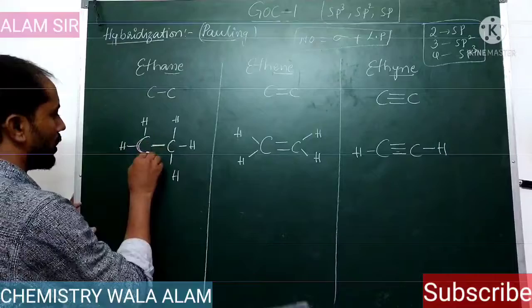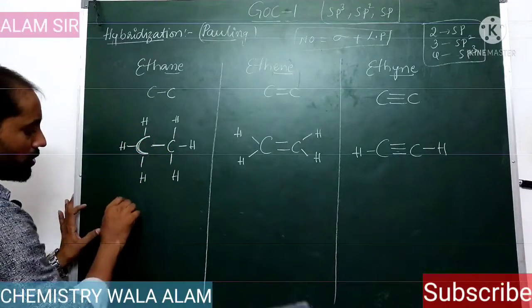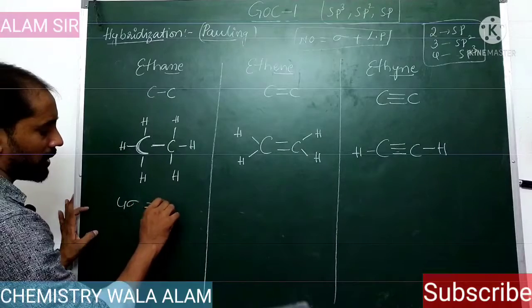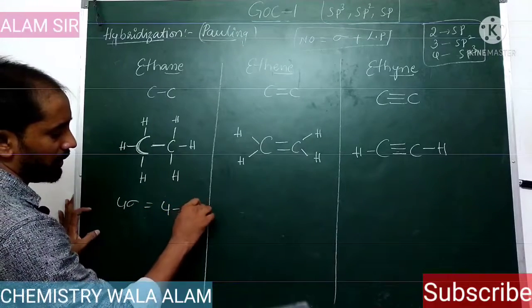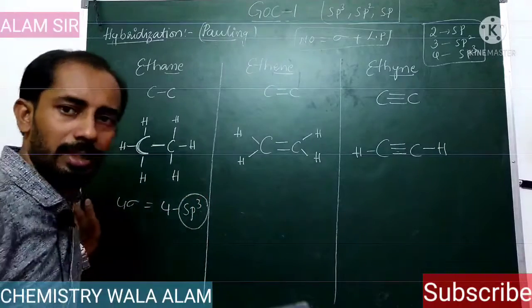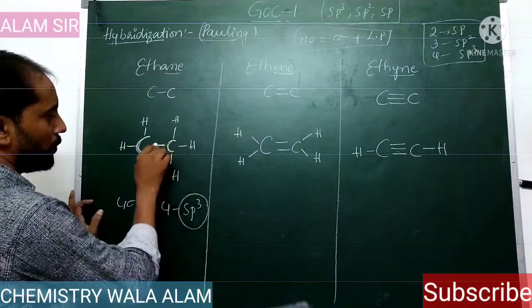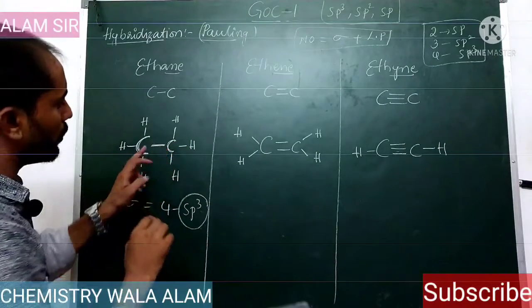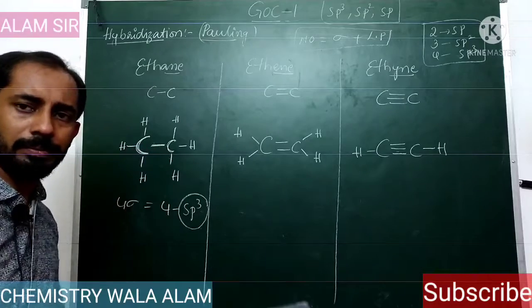Take the first carbon: around it there are 1, 2, 3, 4 bonds, so 4 sigma bonds. 4 sigma bonds means the number is 4, which is sp3. The hybridization is sp3. This bond is counted twice because it is shared between the two carbon atoms.